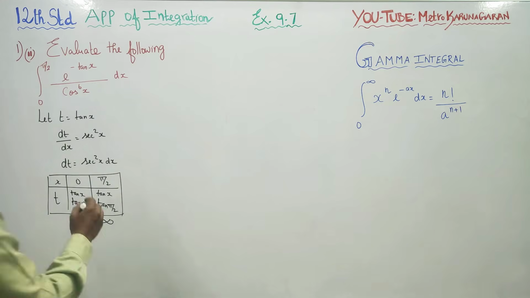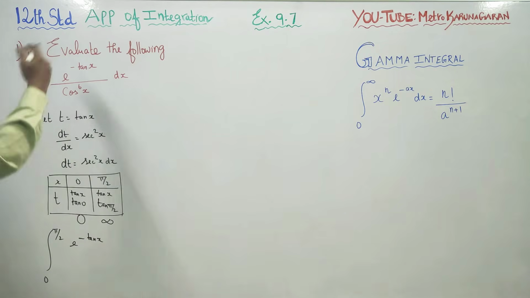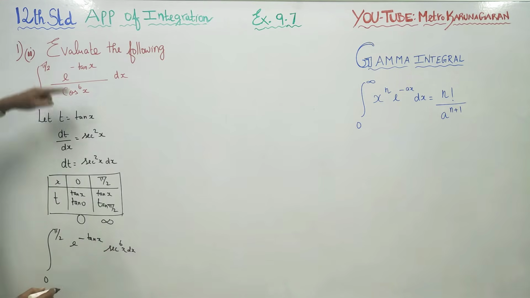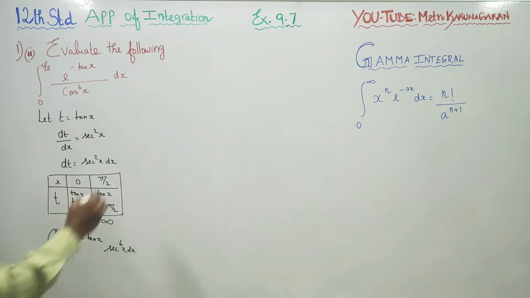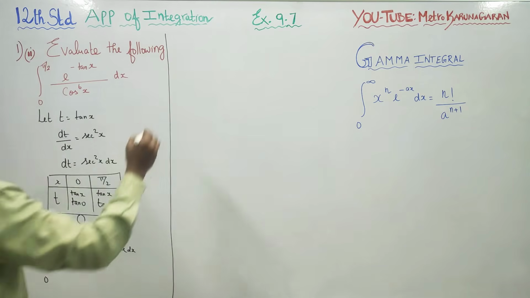Before substituting, just a small simplification. The integral from 0 to pi by 2 of e power minus tan x times cos power 6 in the denominator; bring it up and it becomes secant power 6 x dx, because 1 by cos is secant. Let me simplify this a little, then we will start substituting.